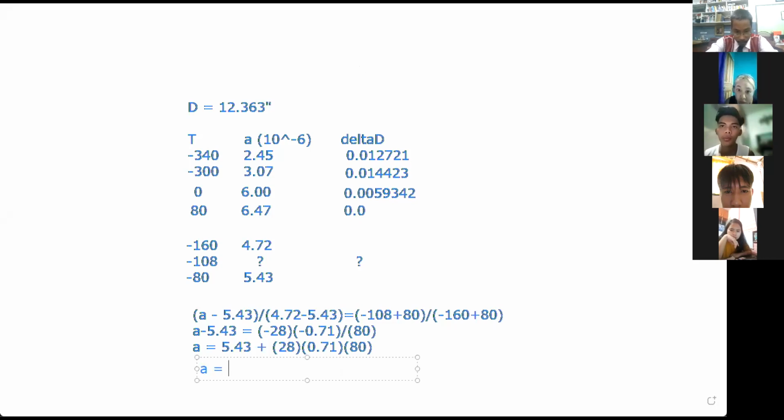Alpha is therefore 5.68 times 10 to the negative 9 power. So this is our coefficient of thermal expansion. Since we already know this, we can estimate the delta D. And therefore, let us use our calculator again.